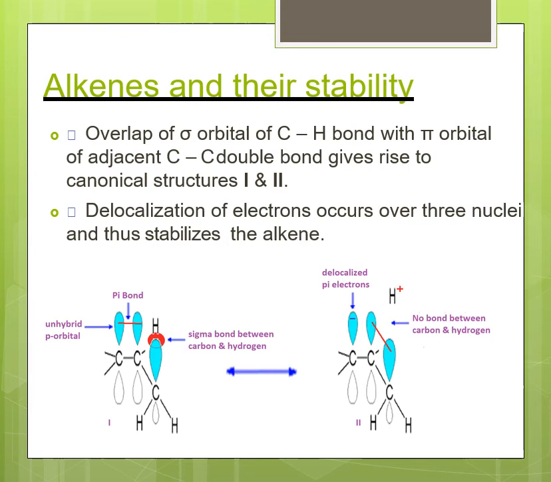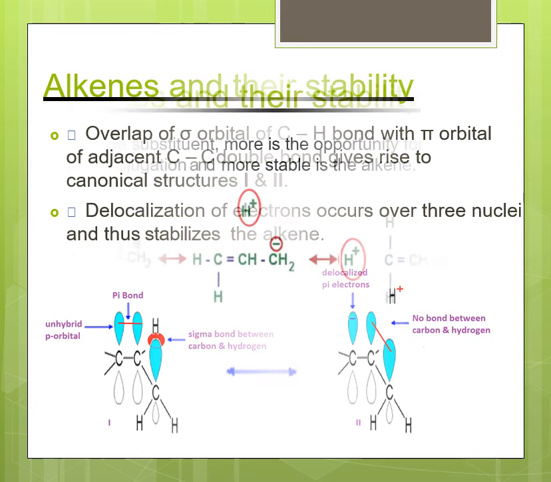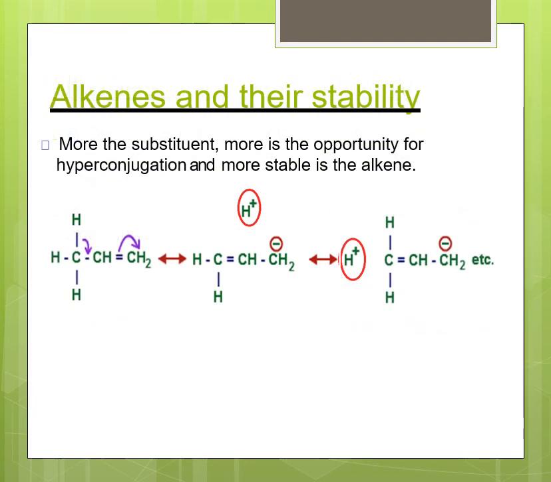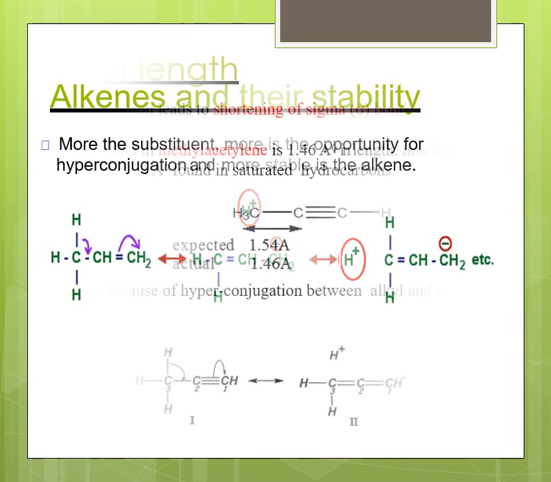Again, there is no bond between carbon and hydrogen here, so this is called no bond resonance. So we can say that this sigma bond is causing delocalization of the electrons. Delocalization means resonance, and resonance increases stability. Two different methyl groups will both cause stability of the alkene.